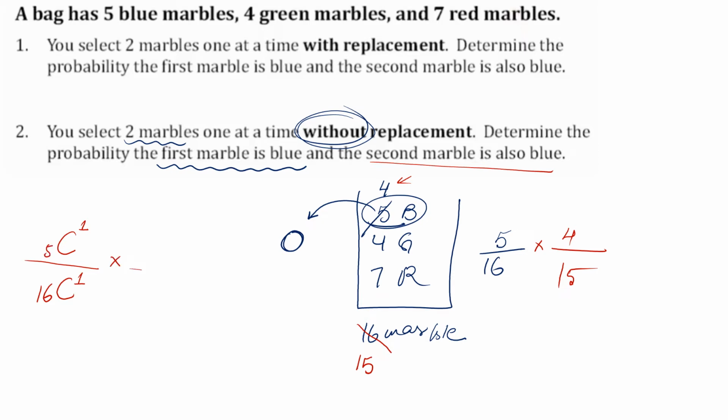Now without replacement means you have 4 blue marbles left in the bag, which means 4C1, because you are drawing another marble. Out of how many marbles left in the bag? 15 marbles, so 15C1. If you solve these questions, you will get the same answer.